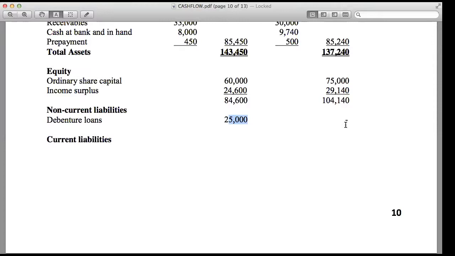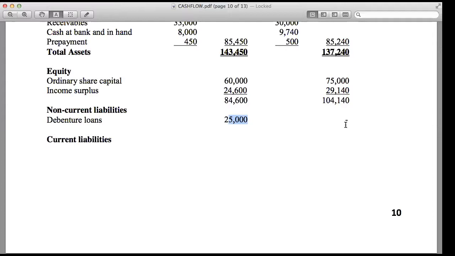So repayment of what? Loan or debt. That's an outflow. So put it in brackets and then you are done. Redemption of what? Debenture, or repayment of debenture.